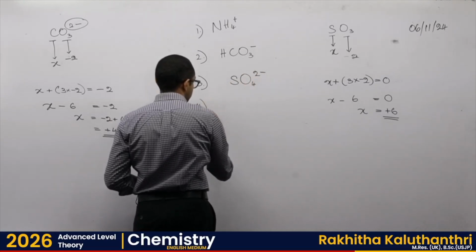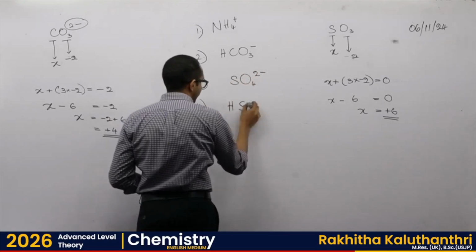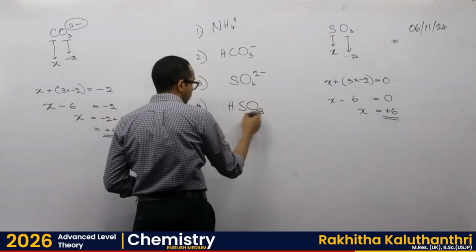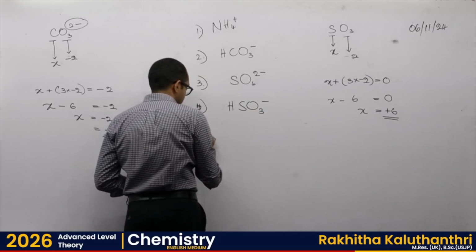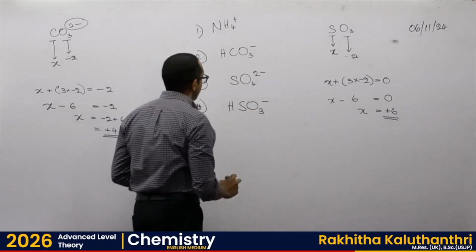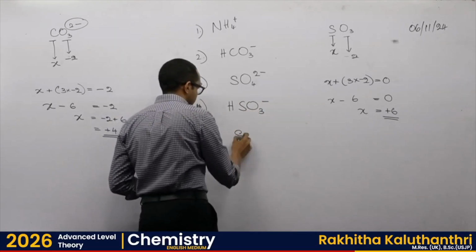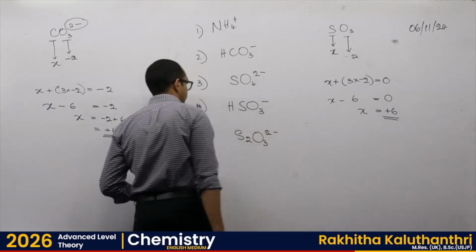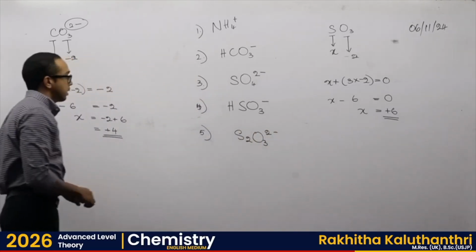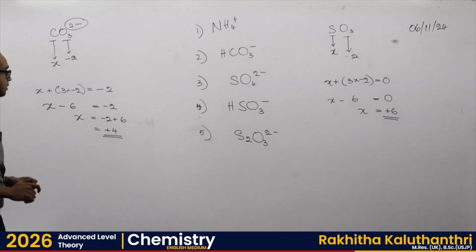Fourth one, HSO3, not HSO4, HSO3 1 minus. Fifth one is S2O3 2 minus.